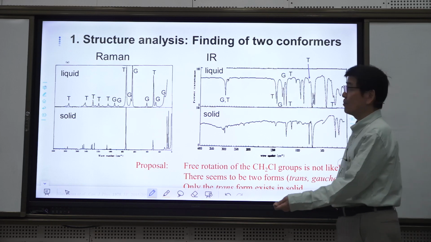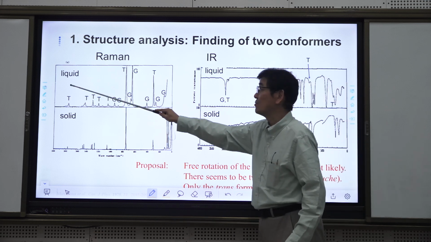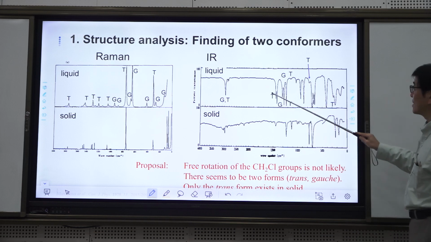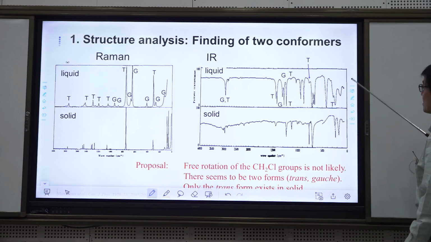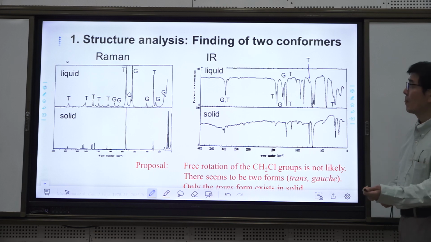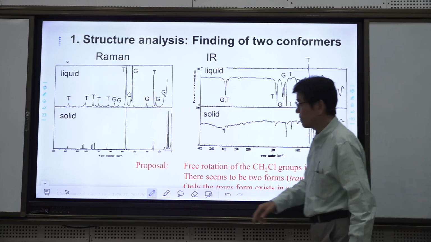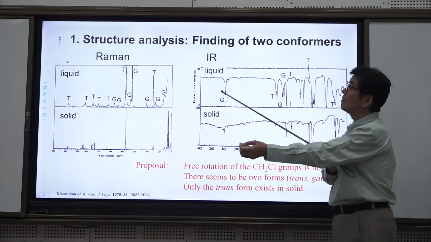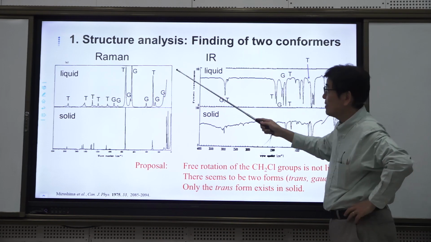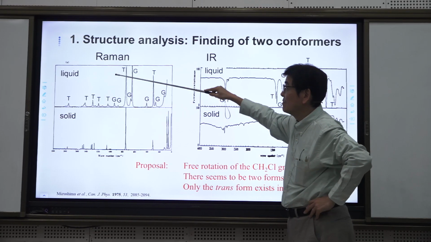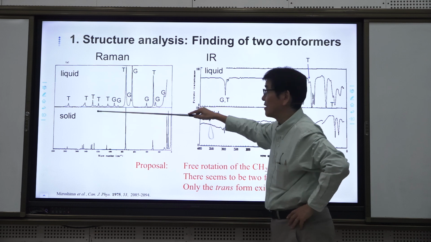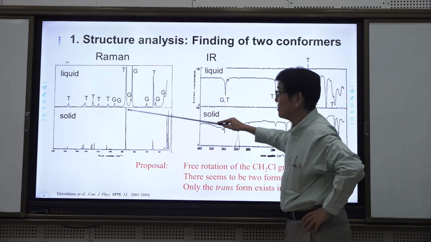And already we know which peak is assignable to which conformer, trans, gauche, and so on. When the phase changes from liquid to solid phase, the number of bands decreases.